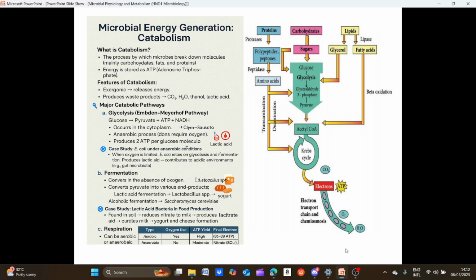On the screen, we have protein. Protein will be broken down in the presence of proteases into polypeptides, peptone. Then, in the presence of peptidase, amino acids, through transamination reaction, link up with the Krebs cycle.